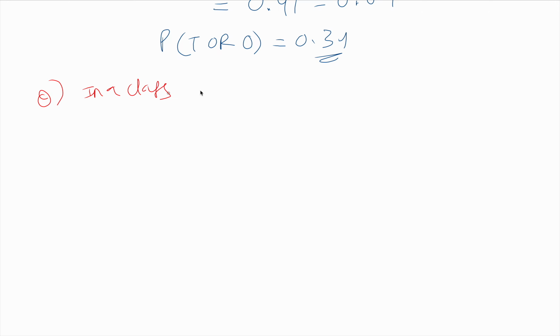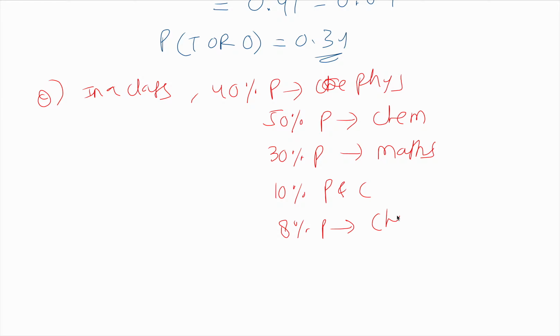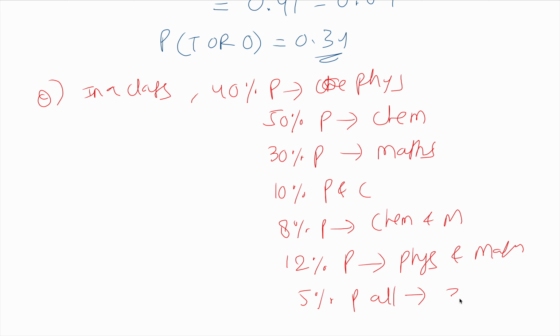In a class, 40% passed in physics, 50% passed in chemistry, 30% passed in maths, 10% passed in physics and chemistry, 8% passed in chemistry and maths, 12% passed in physics and maths, and 5% passed all three subjects.